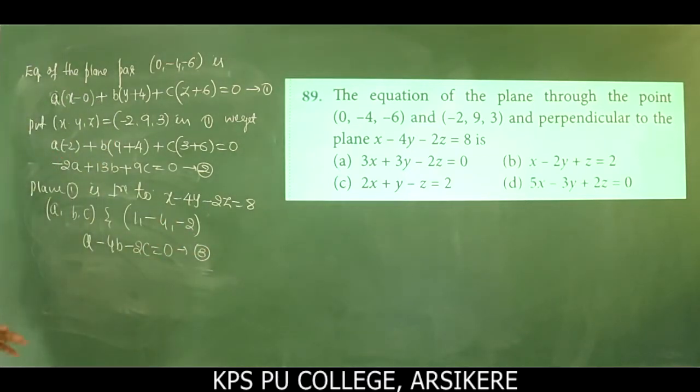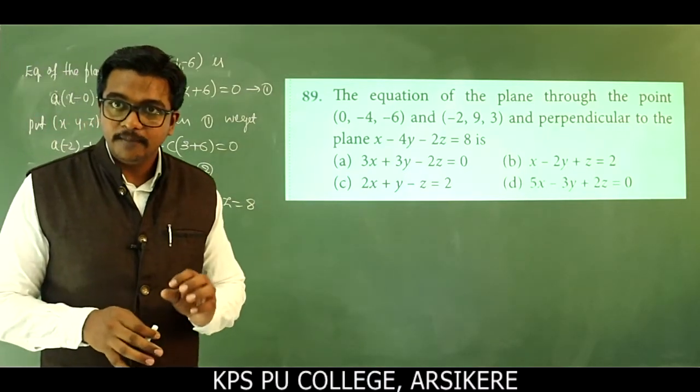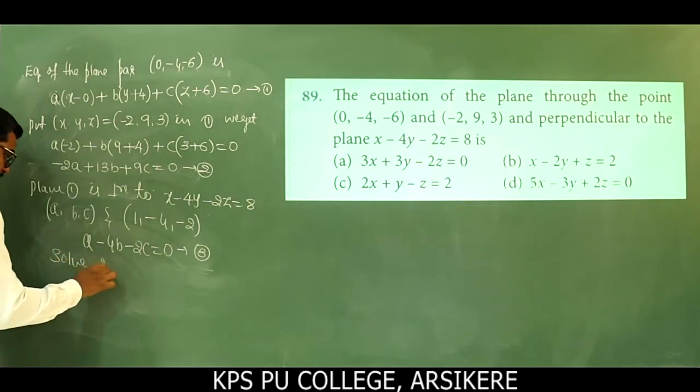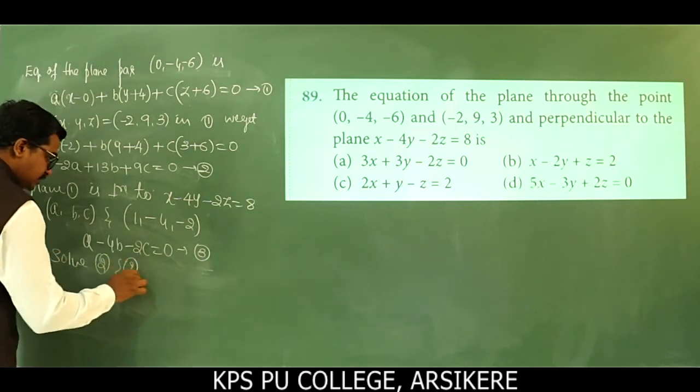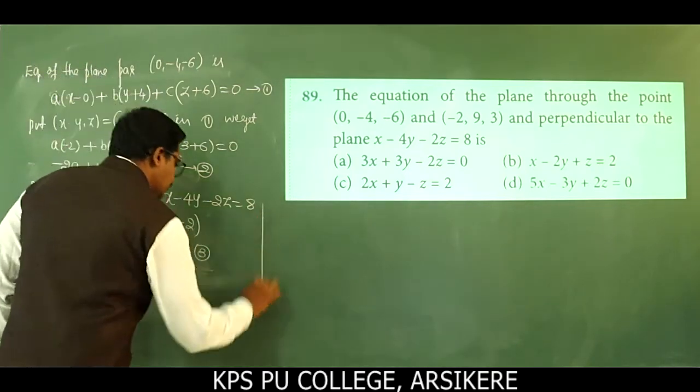Next we have to find the values of a, b and c. Just solve equations 2 and 3 using cross multiplication. So what we obtain, just observe here.